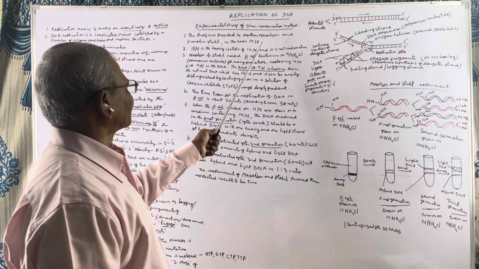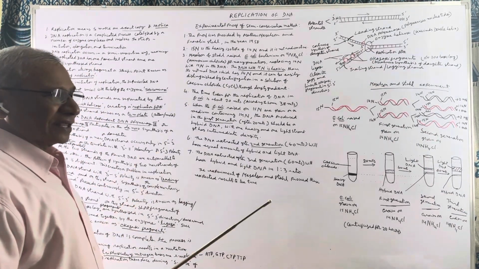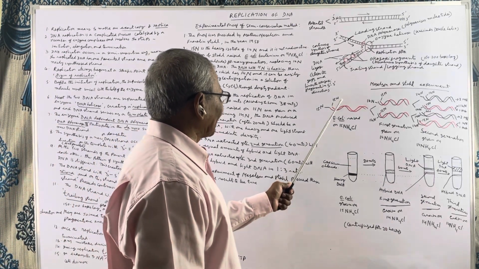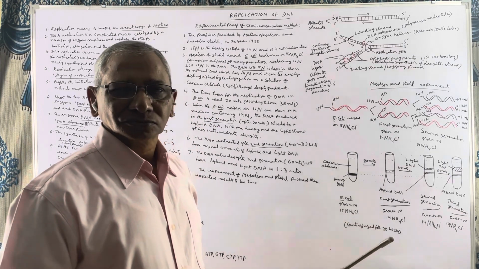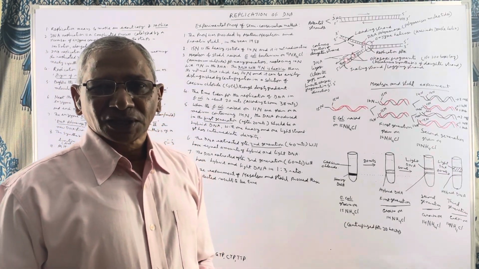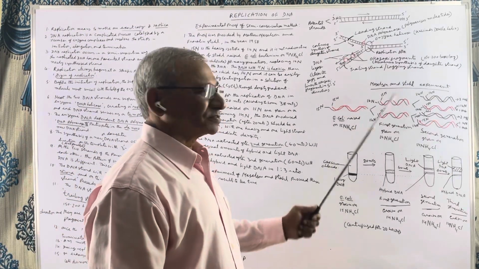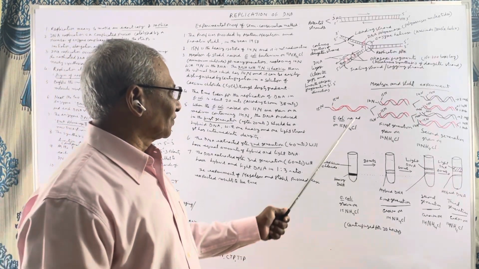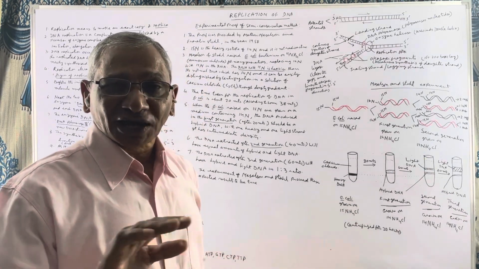Then these two scientists, Matthew Meselson and Franklin Stahl, used 15N in the place of 14N. 15N is a heavy isotope of 14N, but not radioactive.